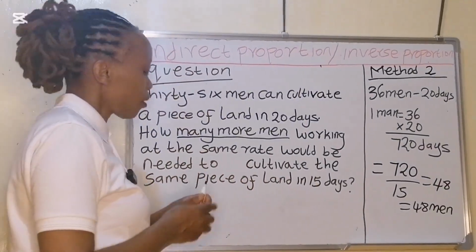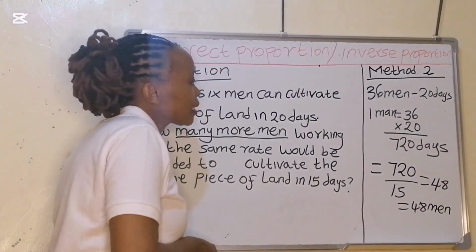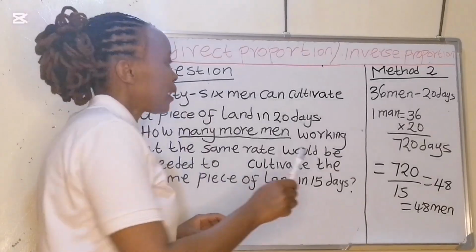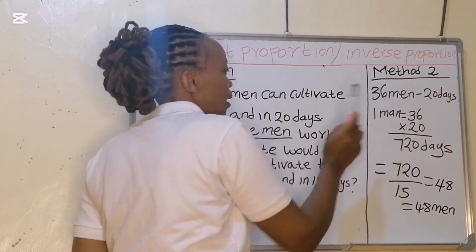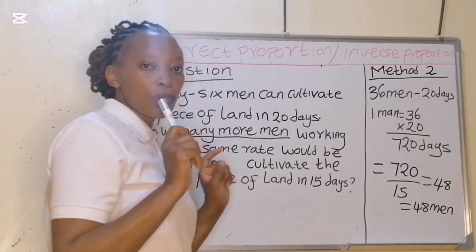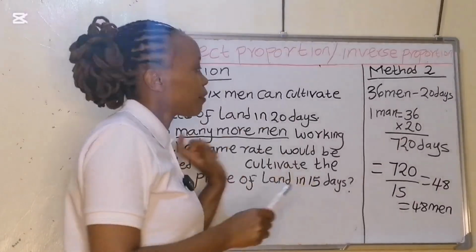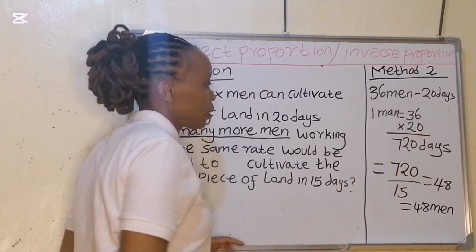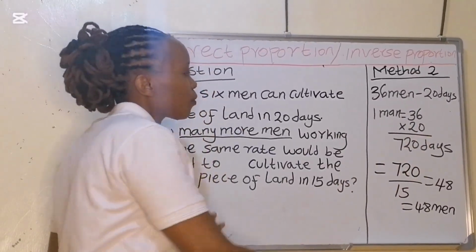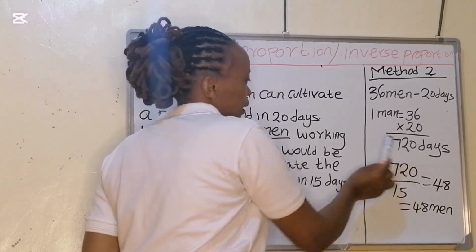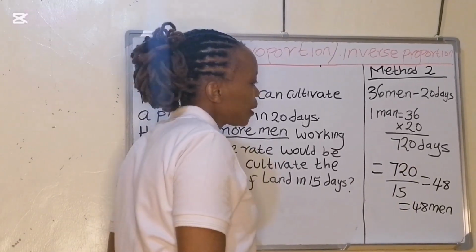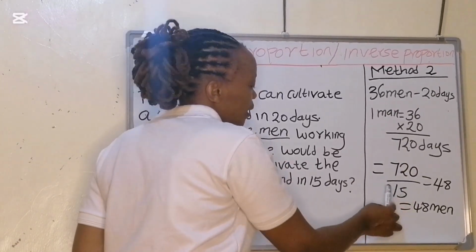Okay? So the method 2, you just look for 1 man. How many days does one man use to cultivate the road? It is 720 days. It is that 36 times 20. So if 1 man can take 720 days, how many men can take 15 days?